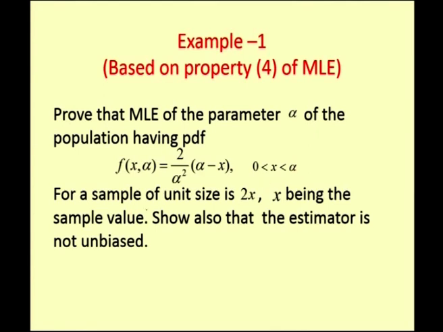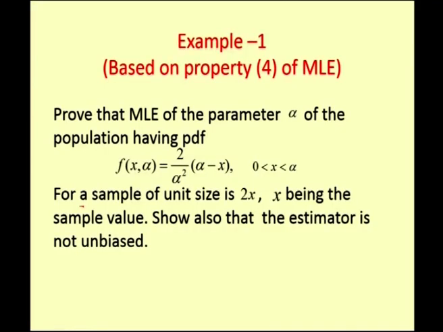Now, for a sample of unit size is 2x, x being the sample value, show that the estimator is not an unbiased estimator. So, here also we have to prove that the MLE, and we have to show that alpha cap is equal to 2x.